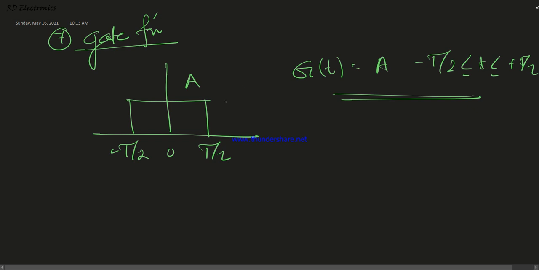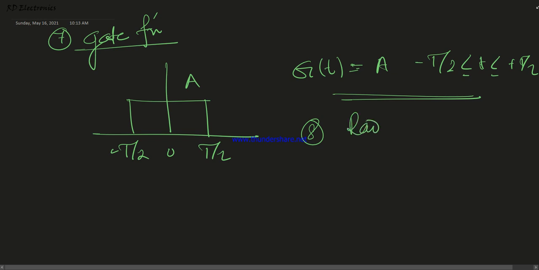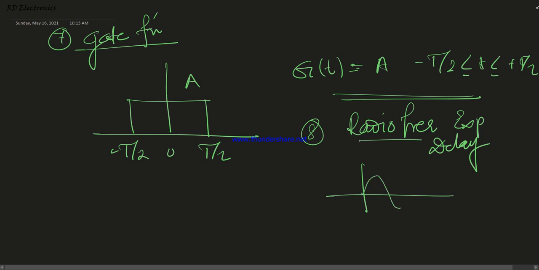So we have represented the different types of signals which are used in communication, and one of the most important signals is the radio frequency exponentially decaying signal. The radio frequency signal is basically represented by any sinusoidal waveform.